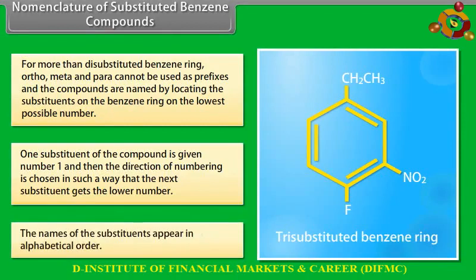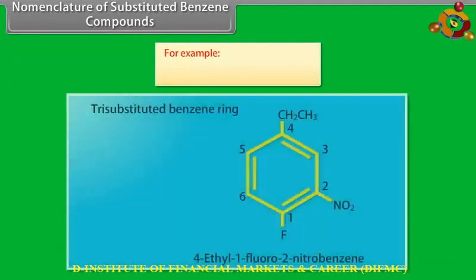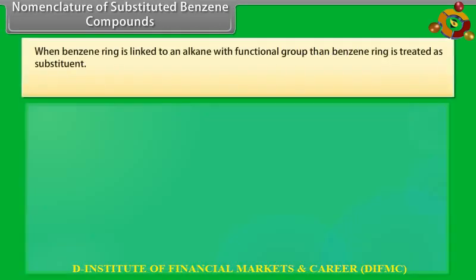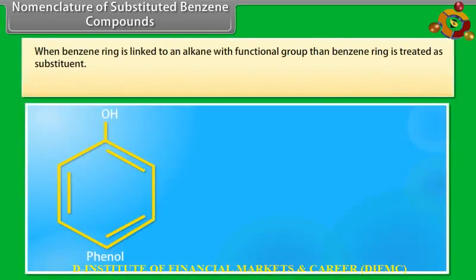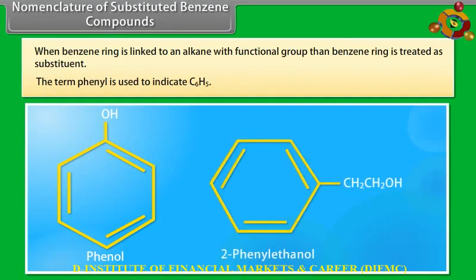The names of the substituents appear in alphabetical order. For example, we assign number 1 to fluorine so that nitro gets 2 and ethyl gets 4. This compound can be named in alphabetical order as 4-ethyl-1-fluoro-2-nitrobenzene. When a benzene ring is linked to an alkane with a functional group, then the benzene ring is treated as a substituent. The term phenyl is used to indicate C6H5.